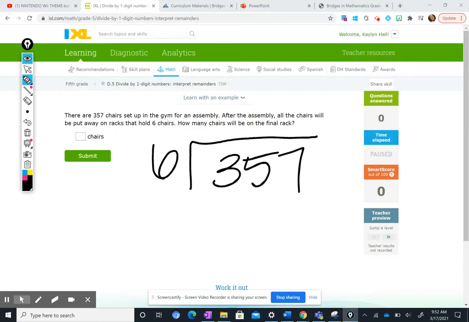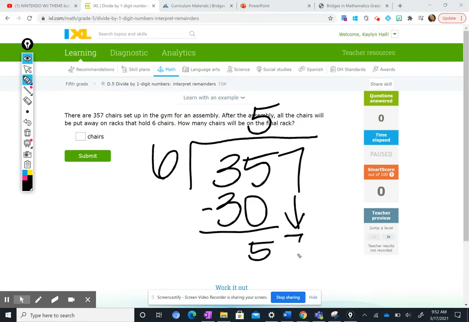So now we need to divide. 6 goes into 35 5 times. 6 times 5 is 30. 35 minus 30 is 5. I bring down the 7. 6 goes into 57 9 times. 6 times 9 is 54. I'm running out of space. 57 minus 54 is 3.